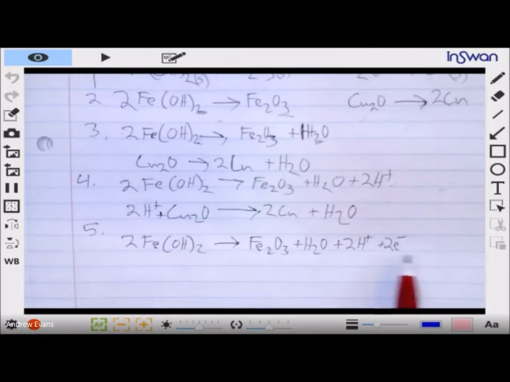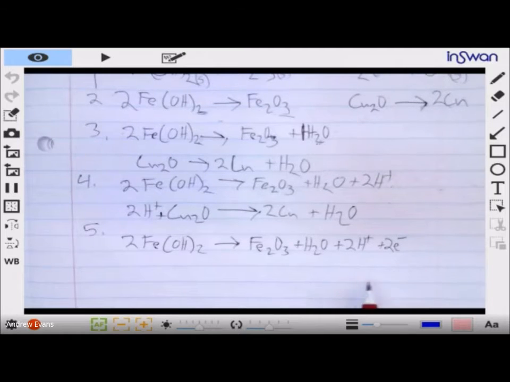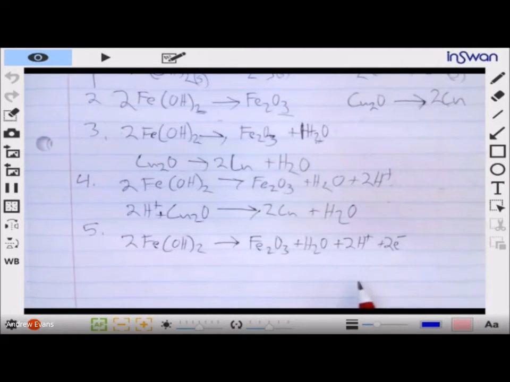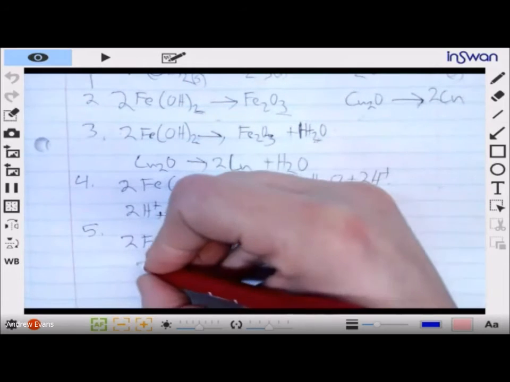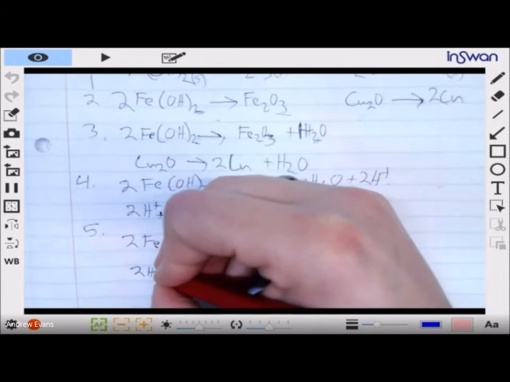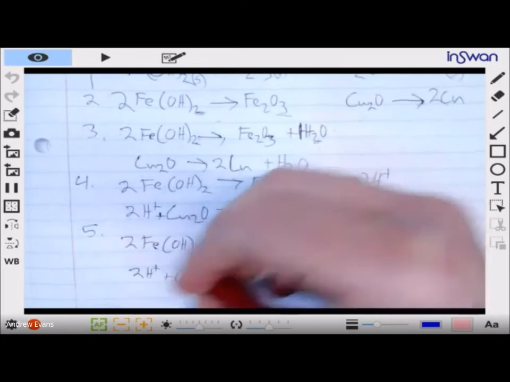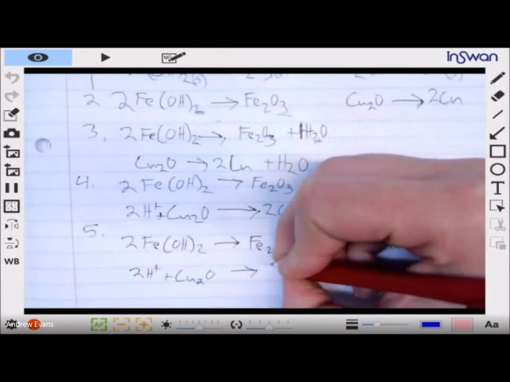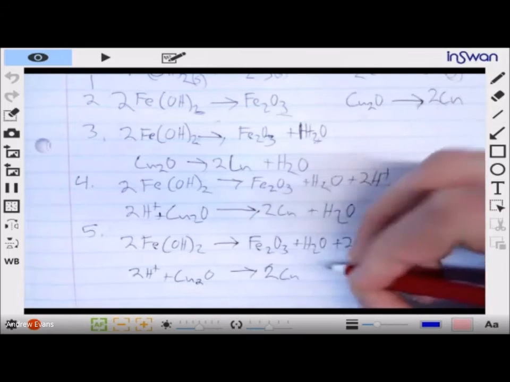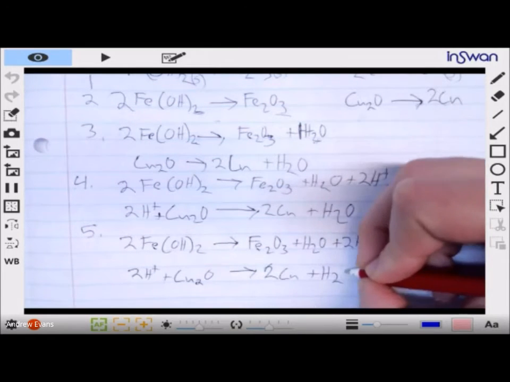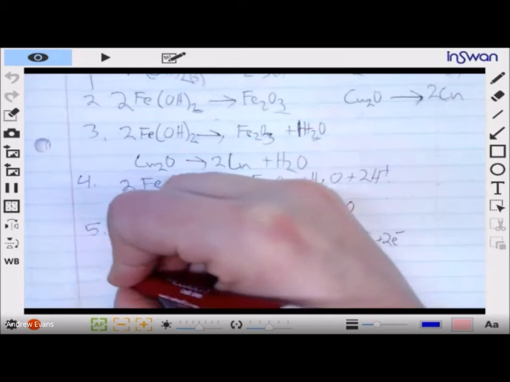However, mine is much easier, especially when you have complicated reactions. However, sometimes you actually need to know the charge of your metal. Now, on this one, there is 2 plus on the left and 1 plus and 0 on the right. So I have to add 2 electrons to the left.